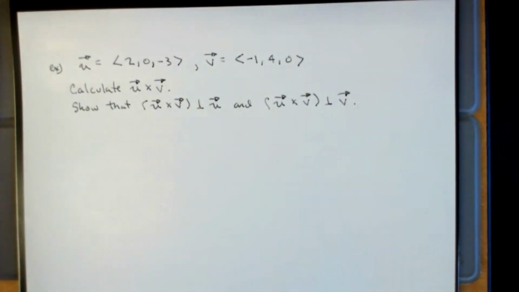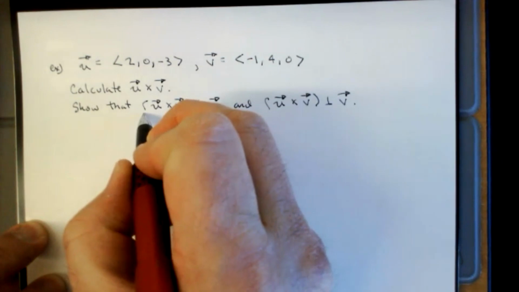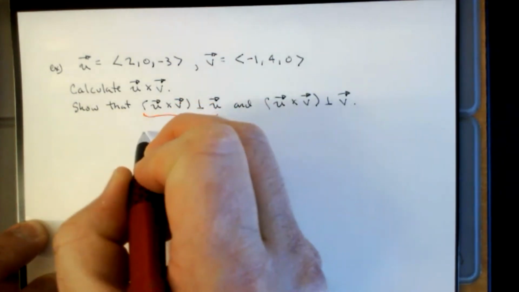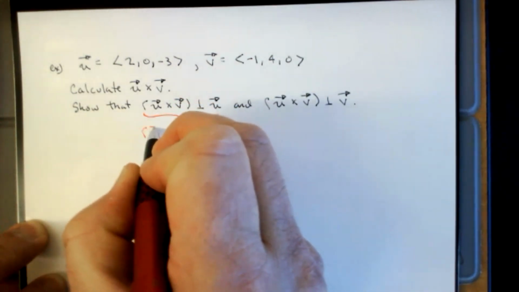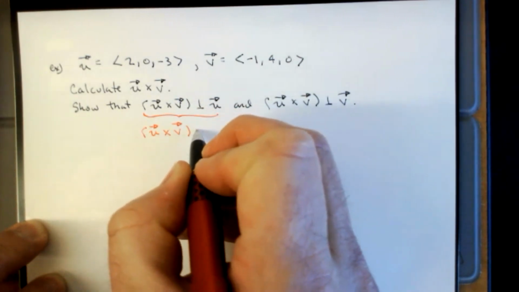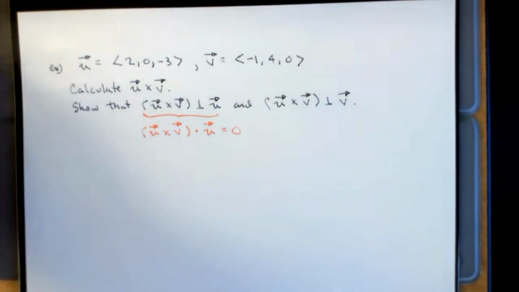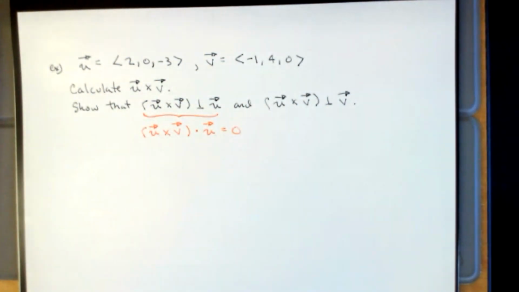So the way to figure out if vectors are perpendicular is to show that U cross V dot U is equal to 0. We can use the dot product to show that vectors are perpendicular.